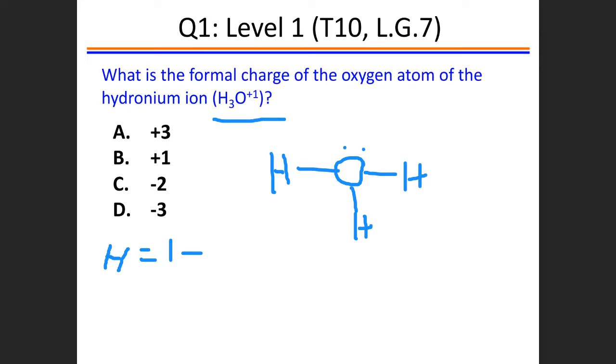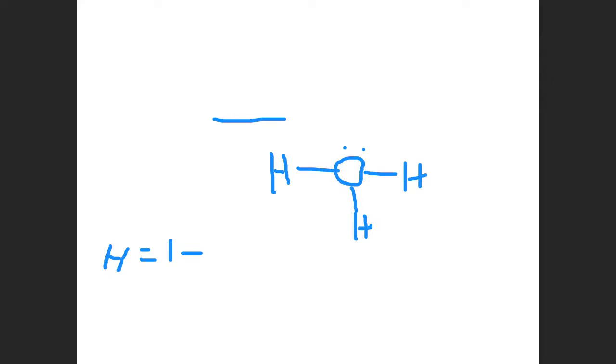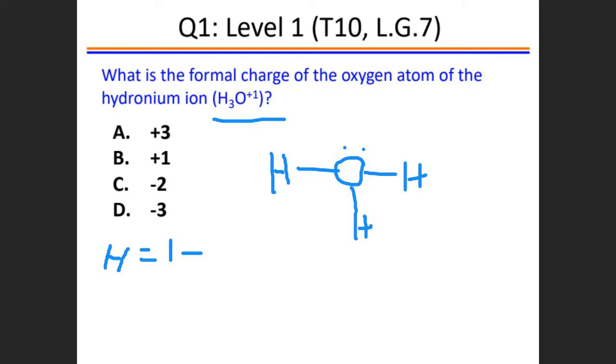In the case of hydrogen, we don't have non-bonding because hydrogen has 1 and that already participates with oxygen. So non-bonding is 0, and bonding is 2 divided by 2. So 1 minus 0 minus 1 is actually 0. It will finally come to 0.